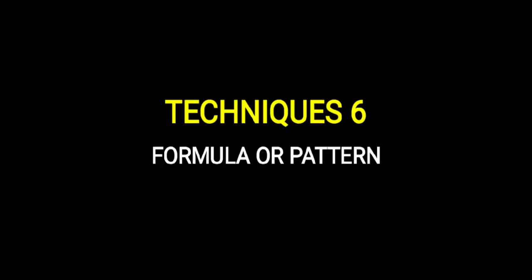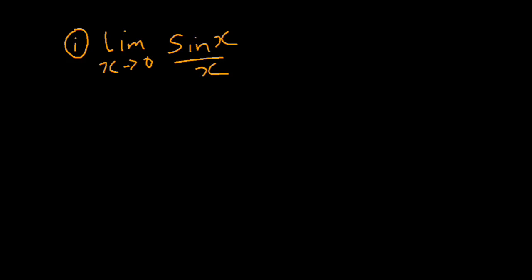Now let's talk about the last technique of evaluating limits, which is in the form of a pattern, or we can call it a formula. Now let's take note of these formulas. For the limit when x tends to 0, sin x over x is equal to 1.